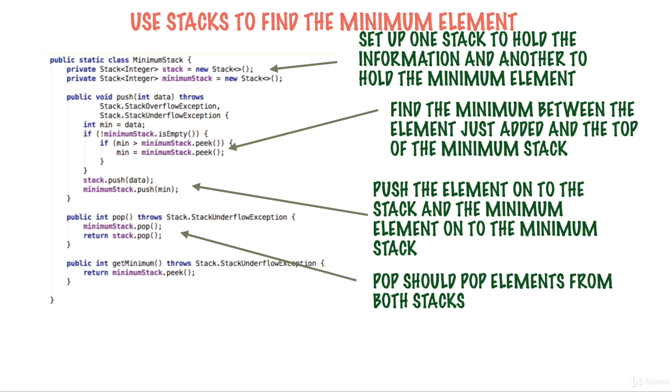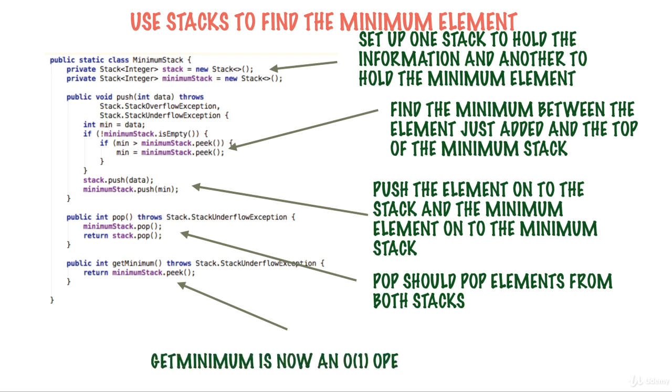So at any point in time, minimum stack and stack should have an equal number of elements. That is crucial. That's how it tracks the minimum at every step. And now for the all important get minimum, we simply peek into the minimum stack. It is an order of 1 operation. So we've achieved implementing minimum as an order of 1 operation.